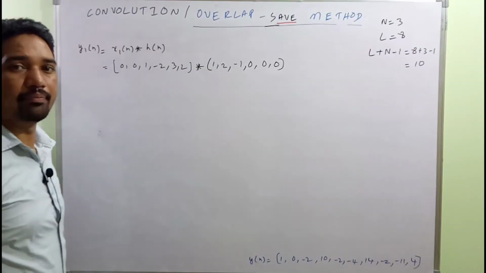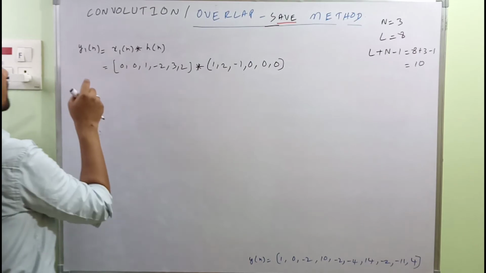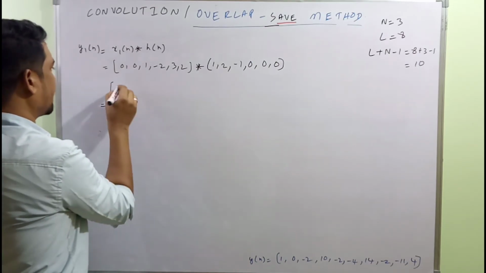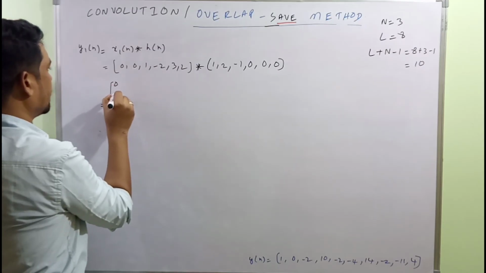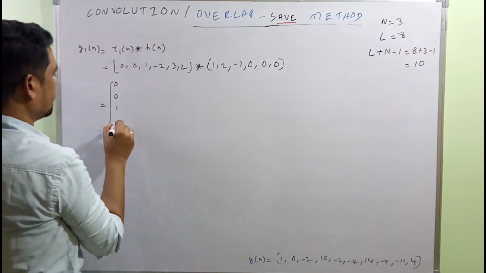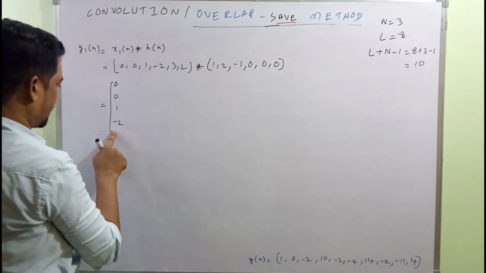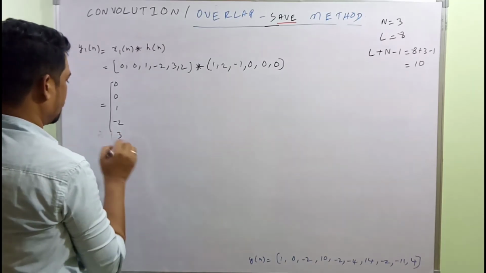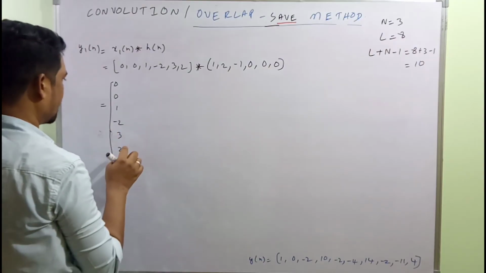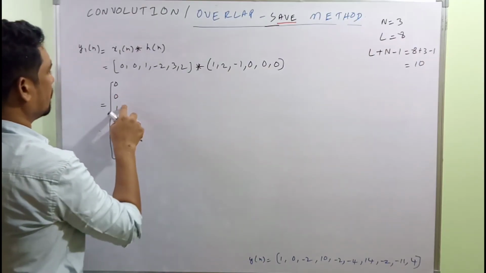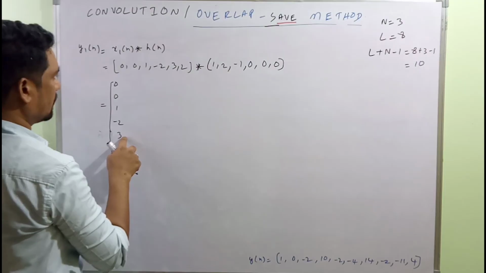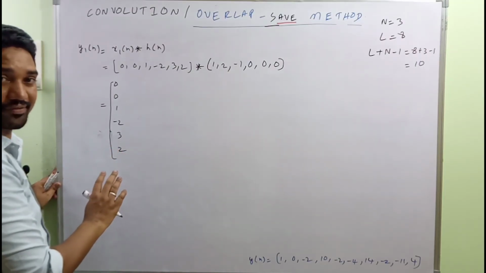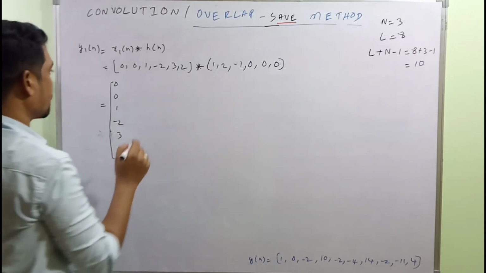Make a note, please. Making use of the matrix method to evaluate y1 of n. So how to write that in a matrix? Here it should be 6 by 6, right? The first column is 0, 0, 1, minus 2, 3 and 2, right? Any missing elements? 0 0 1 minus 2 3 and 2. Guys, be careful. If it's negative, it should be negative, right? Otherwise all the values get changed and you'll be confused.